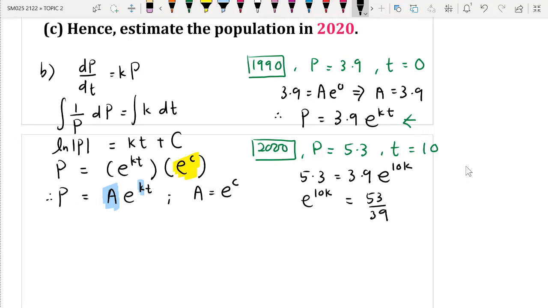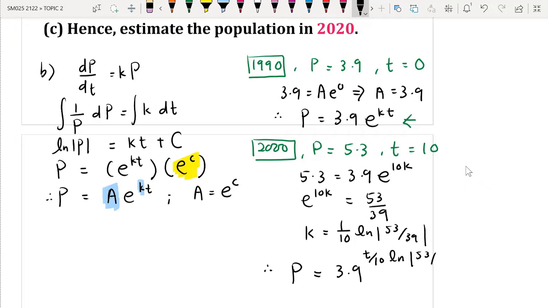So finally, our k here is 1 over 10 ln of 53 over 39. Substitute k into the equation. Our latest equation now is P equals 3.9 e to the power of k times t, which I rewrite as t over 10 ln of 53 over 39.